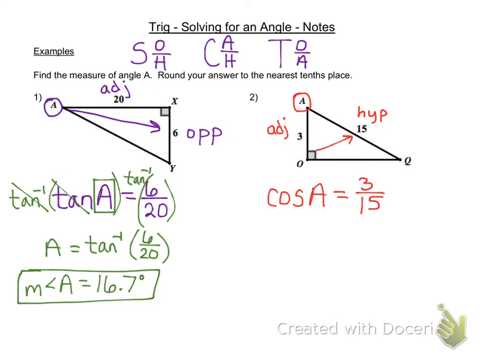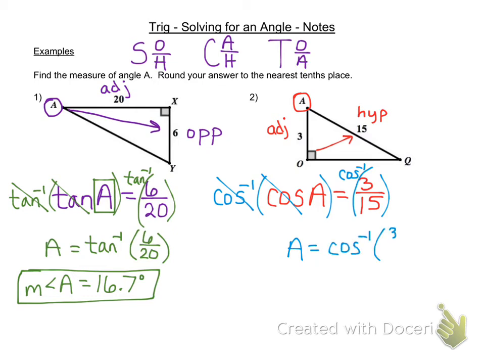Now to cancel the cosine, we're going to use the inverse. So I'm going to do the inverse of cosine on both sides of the equation. So the inverse of cosine and cosine, those cancel, and now I'm left with A is equal to the inverse of cosine of 3 over 15.